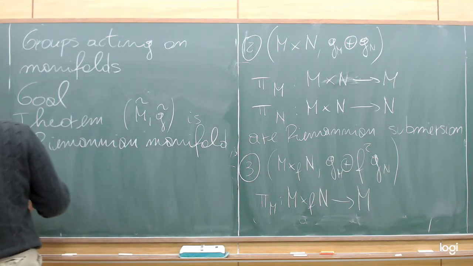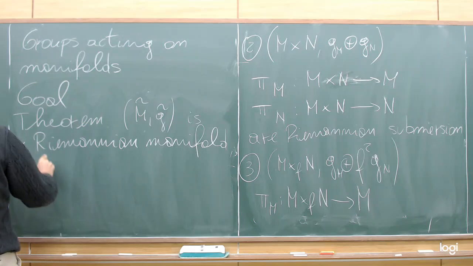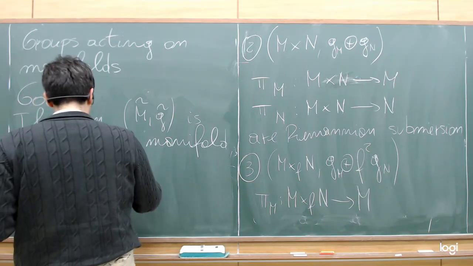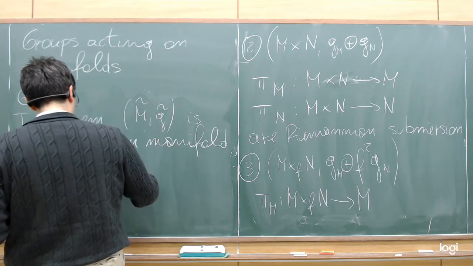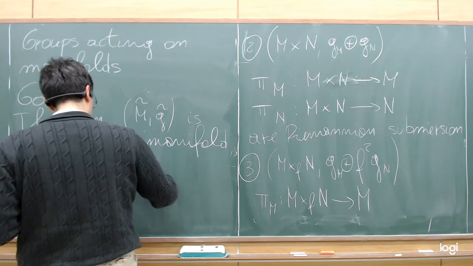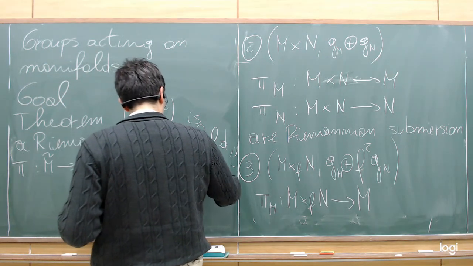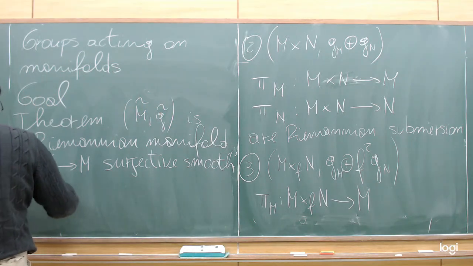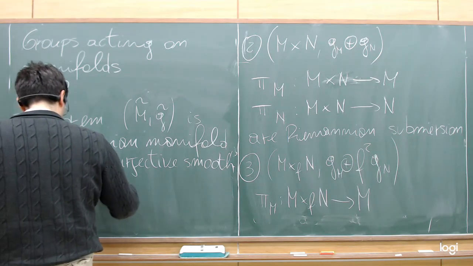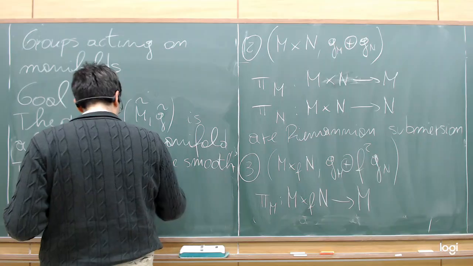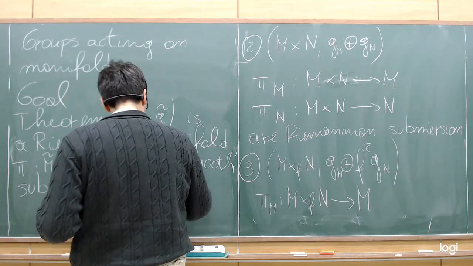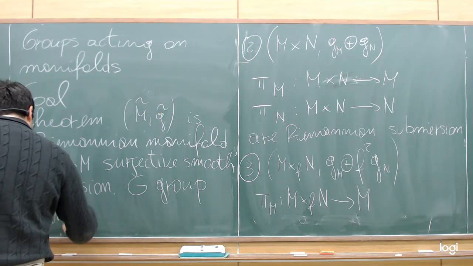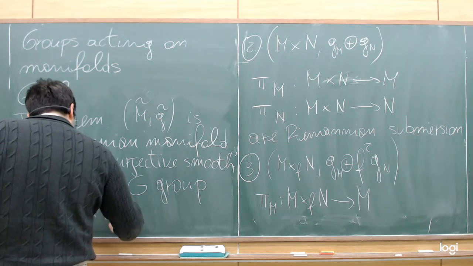and pi from M tilde to M a smooth surjective smooth submersion. Suppose that G is a group acting on M tilde.